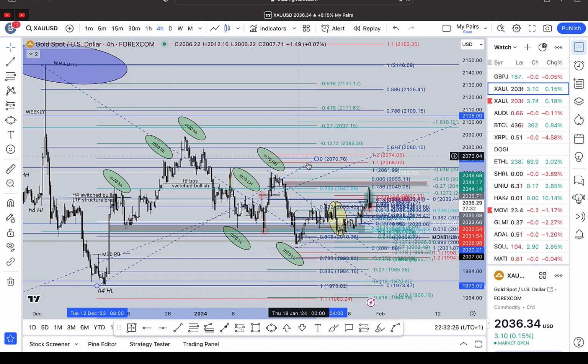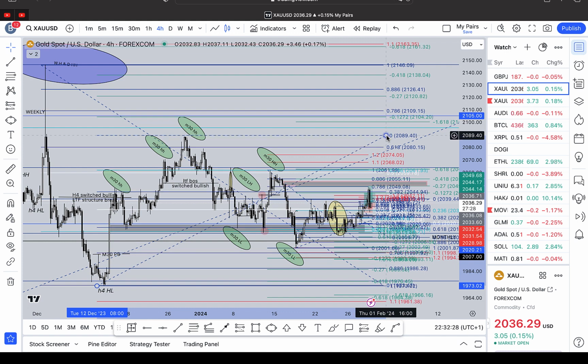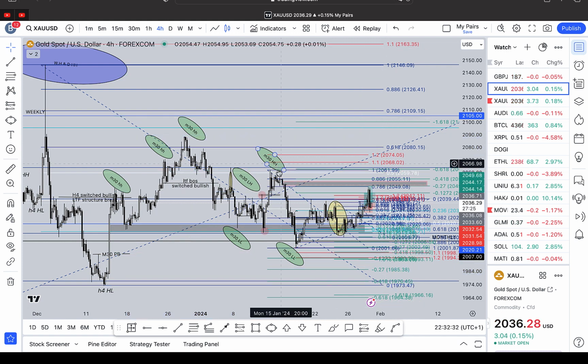Okay, so we are on that uptrend on the H4. But the M30 time frame is what is bearish. So it can keep going down, but remember, H4 takes precedence. H4 is bullish, so we are looking for more bullish trades, right?